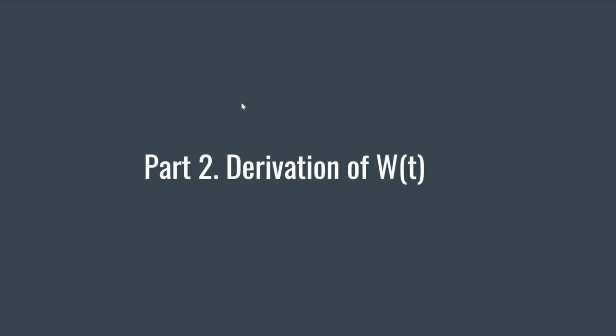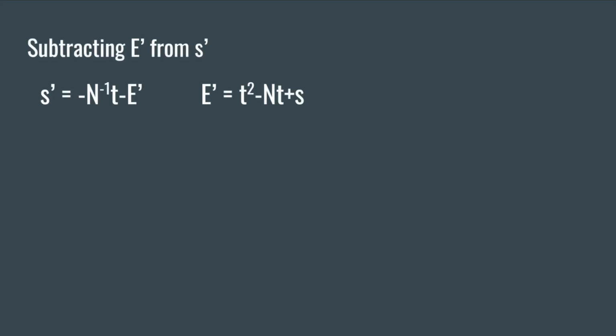Recall that earlier, work is a combination of stress and efficiency of the astronauts. So now let's show how we have obtained that equation. Remember that stress and efficiency affect each other, and for us to isolate either of them, we have to first subtract our derivative of efficiency from the derivative of stress.